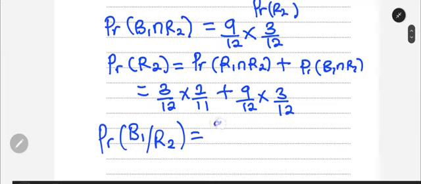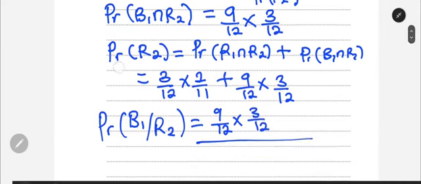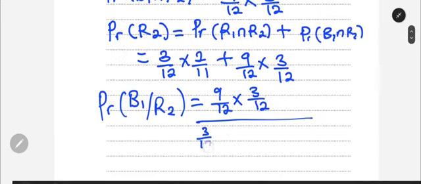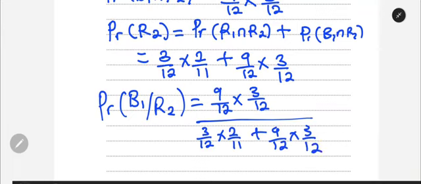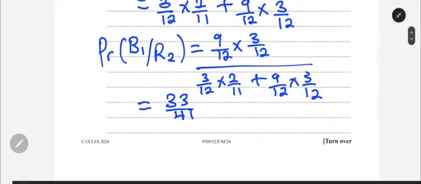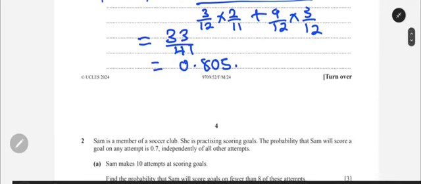So here we have 9/12 times 3/12, over 3/12 times 2/11 plus 9/12 times 3/12. When you simplify this, you eventually have 3/41, and this is 0.805 in 3 significant figures. So that is for 1B.